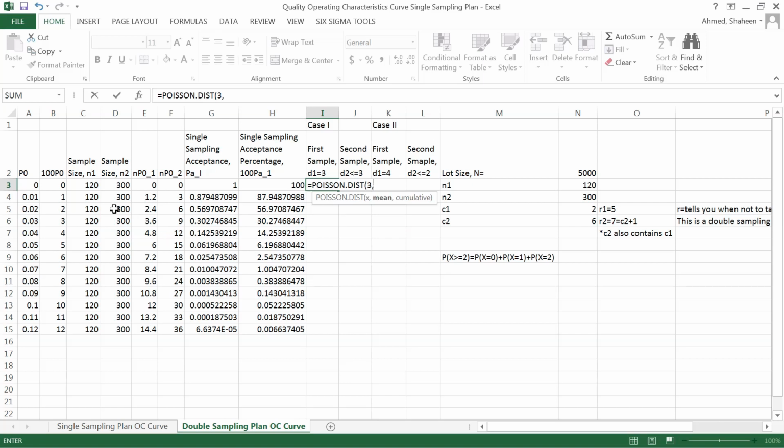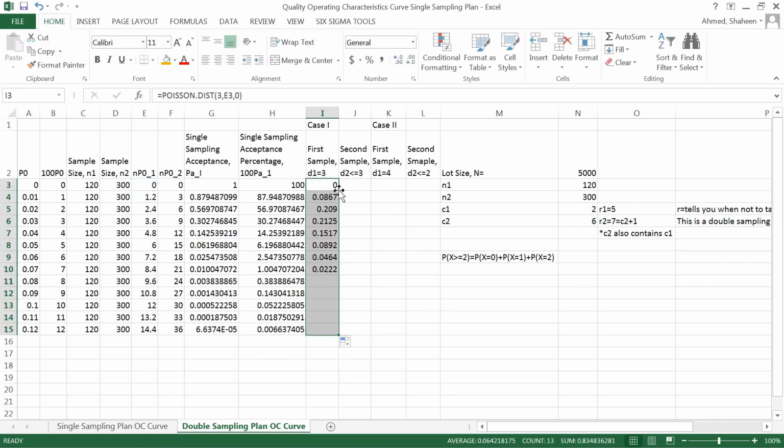The mean value for the first sample is this, comma, it's not cumulative. Be careful. We're trying to calculate exactly 3 defectives, so it's just the probability associated with this. We are trying to calculate the probability of X equals 3, exactly 3. Then you use non-cumulative. Copy all the way down.